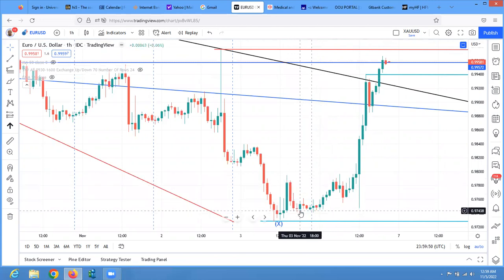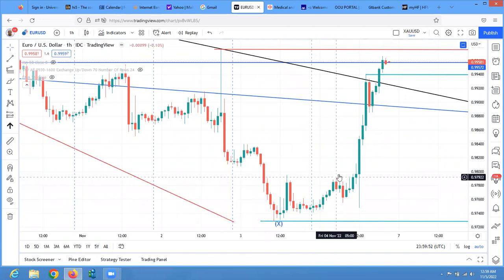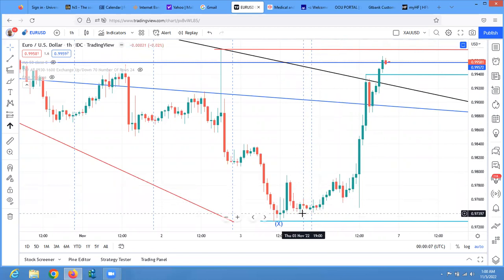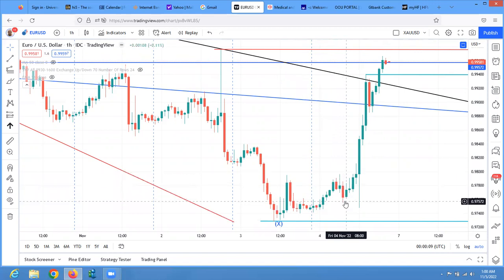After this move, this is an A and a B and a C. Rightfully so, this is like a regular flat. This one can be a 61.8. This is an A, B, C. That's a flat in the middle. Now, after that flat in the middle, we are seeing this is the third wave going up.